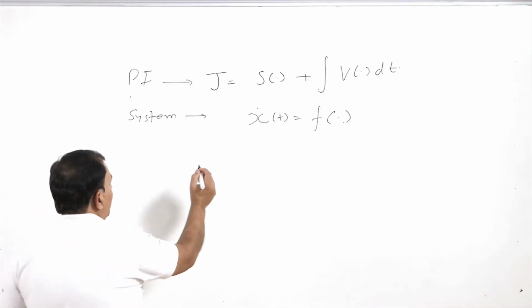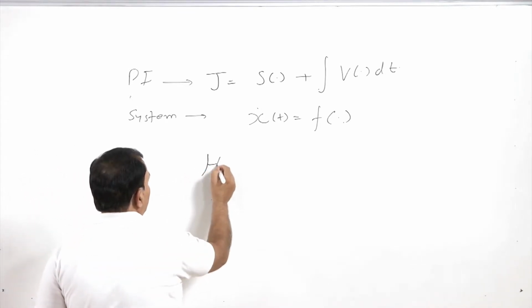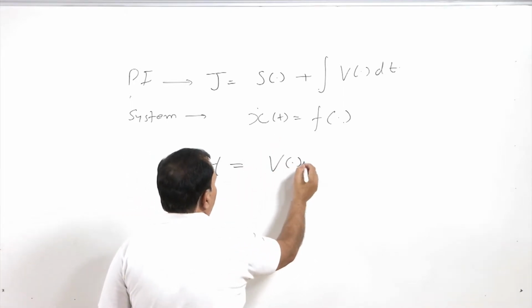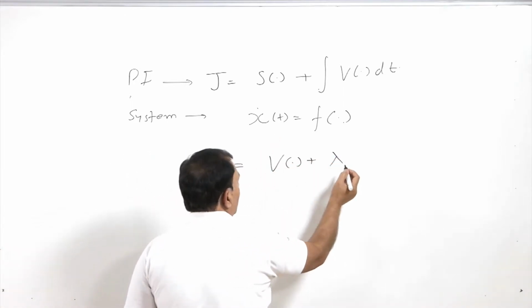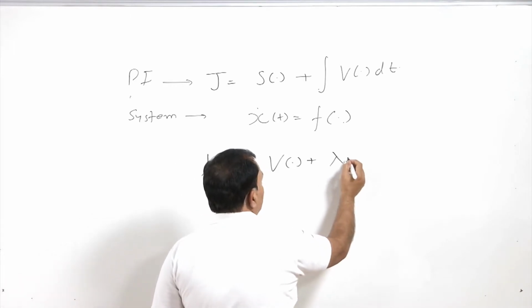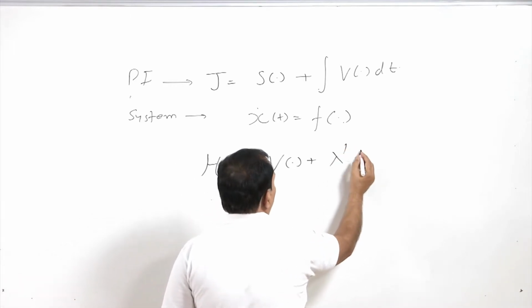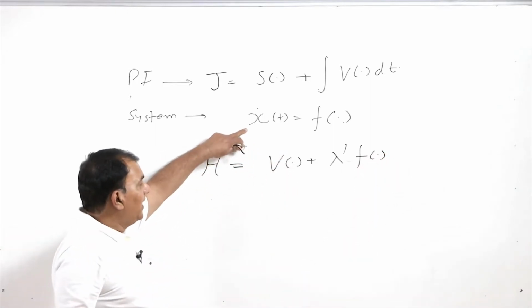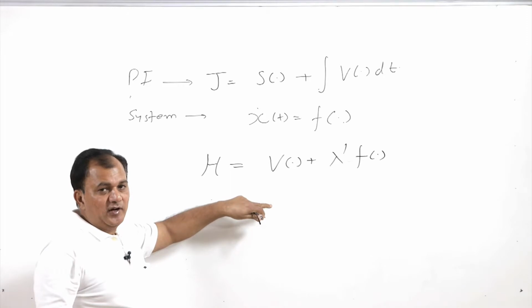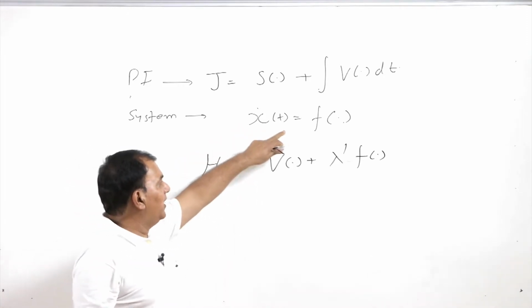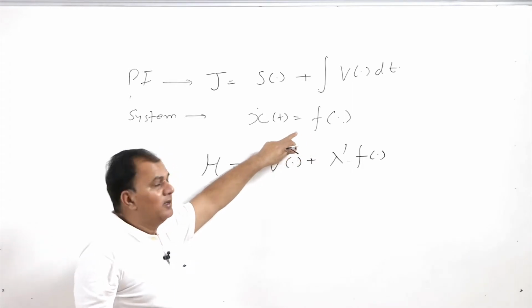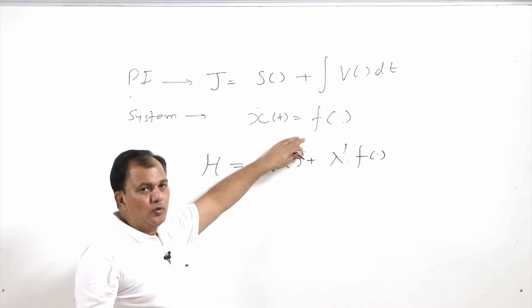In this I am defining my Hamiltonian simply as v plus lambda prime f, because x has n number of states. So, I have x1 dot t as f1, x2 dot t as f2.